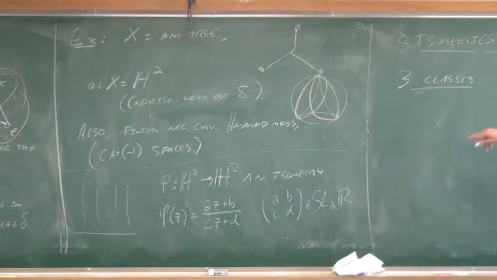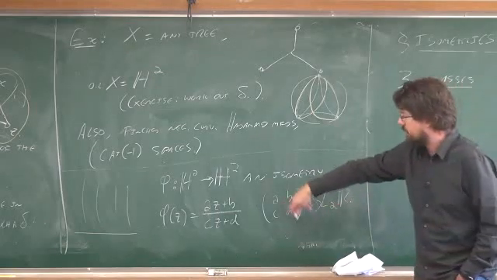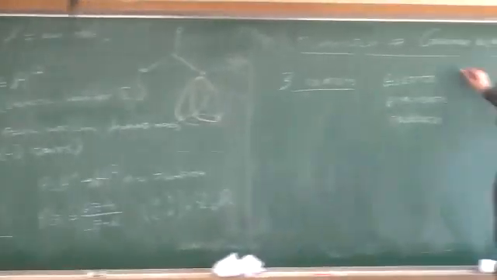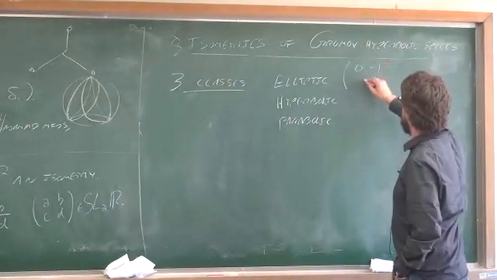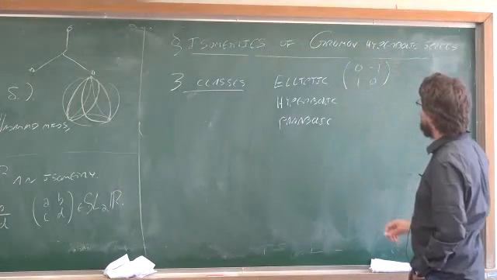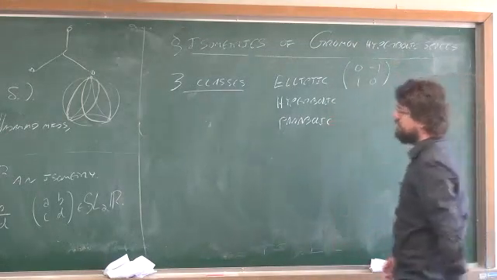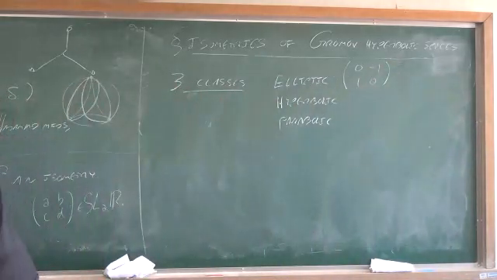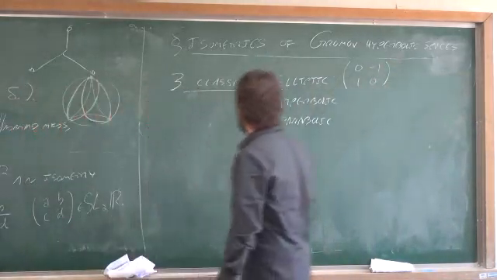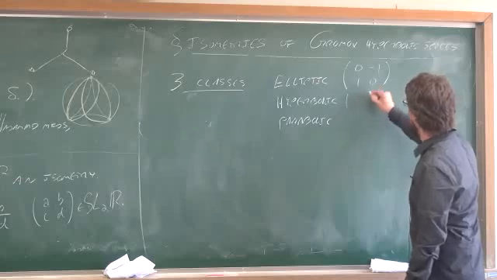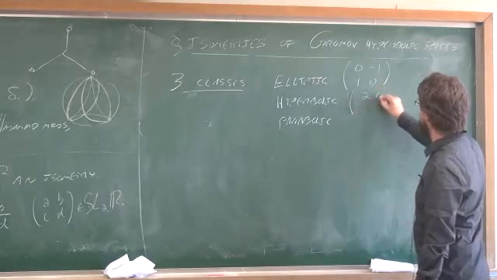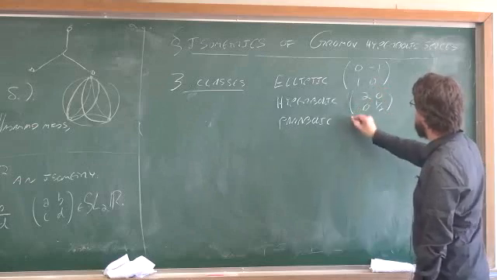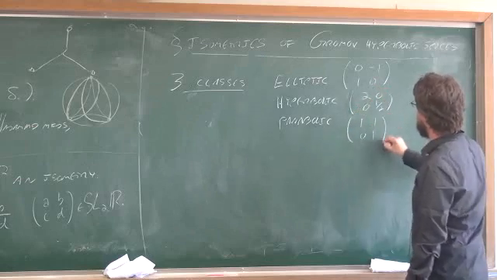And then you can class them into elliptic, hyperbolic, and parabolic according to just the trace. An example of an elliptic isometry is one that rotates everything around the point i by some angle. Hyperbolic ones have bigger trace, for example diag(2, 1/2). Parabolic is something like the matrix (1 1; 0 1).